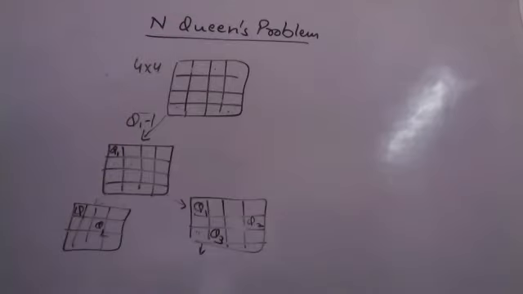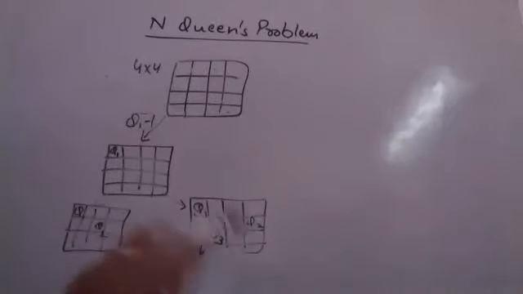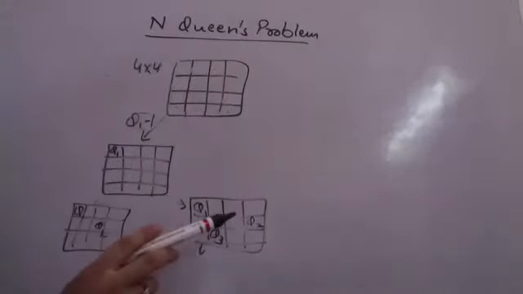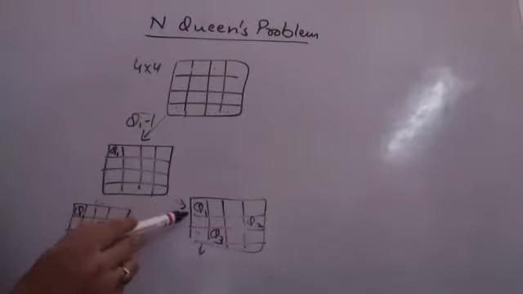Are you all understanding this? Now Q4 cannot be placed in column 1, 2, 3 or 4. Again, I do not have a solution. Again backtrack. Q3 cannot be placed anywhere else. Backtrack. We have checked all the positions of Q2 as well. Backtrack to Q1.